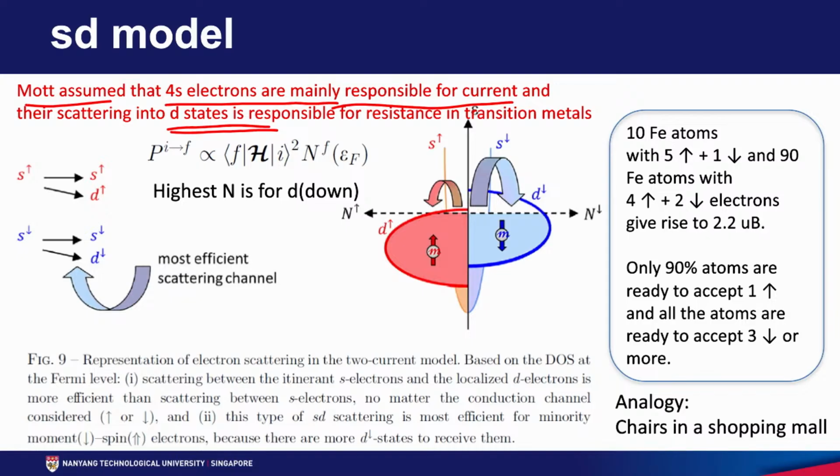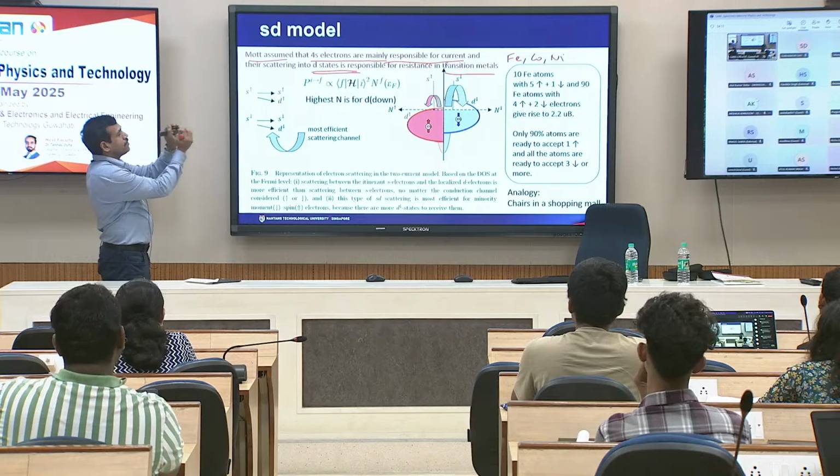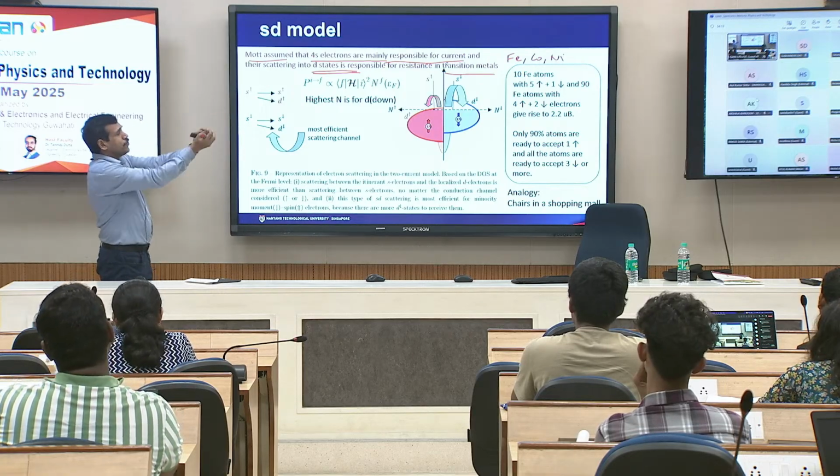So, when we say transition metals, in this case you can say that iron, cobalt, nickel, they are all transition metals. So, right now we are focusing on these transition metals. Okay. So, you have atoms of iron, for example. So, we have nucleus of iron, nucleus of iron, nucleus of iron, and so on.